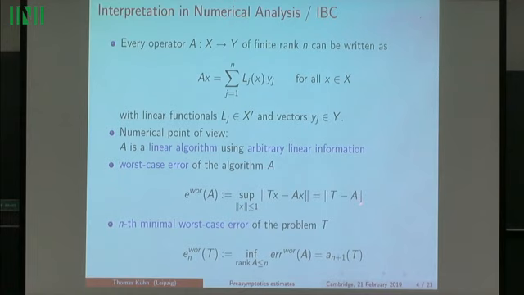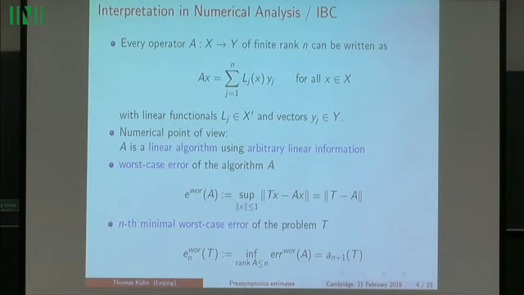But this is the operator norm of T minus A. And the nth minimal worst case error of the problem T is the best algorithm that we can have here if we restrict to operators of rank less than n.